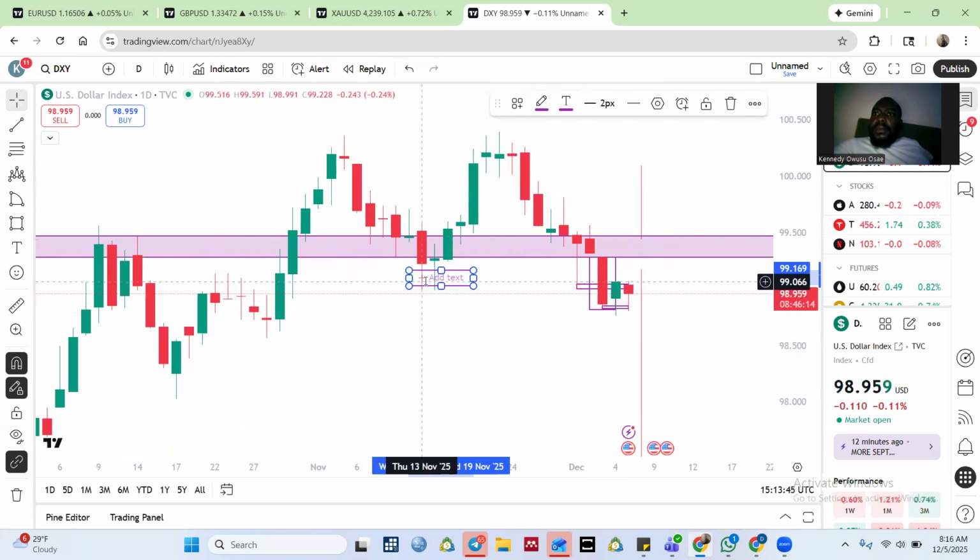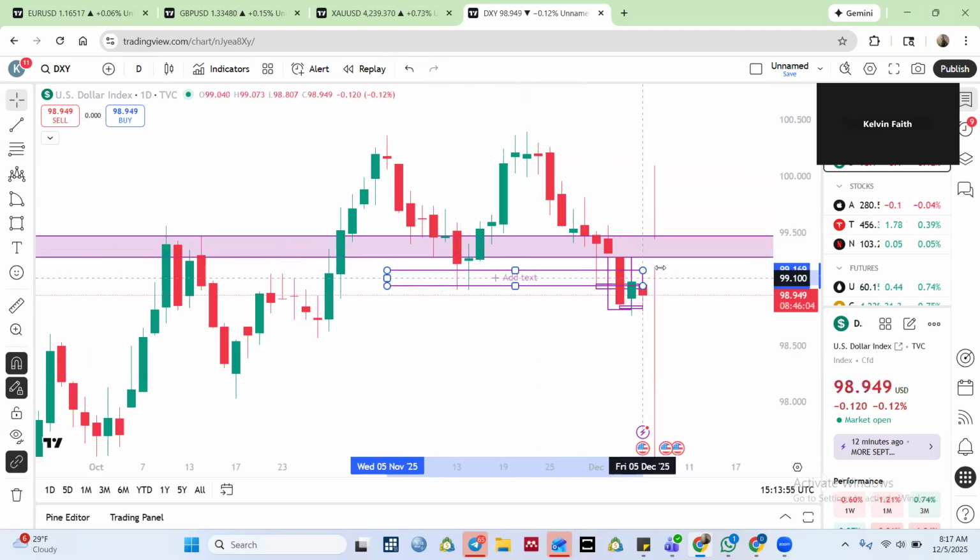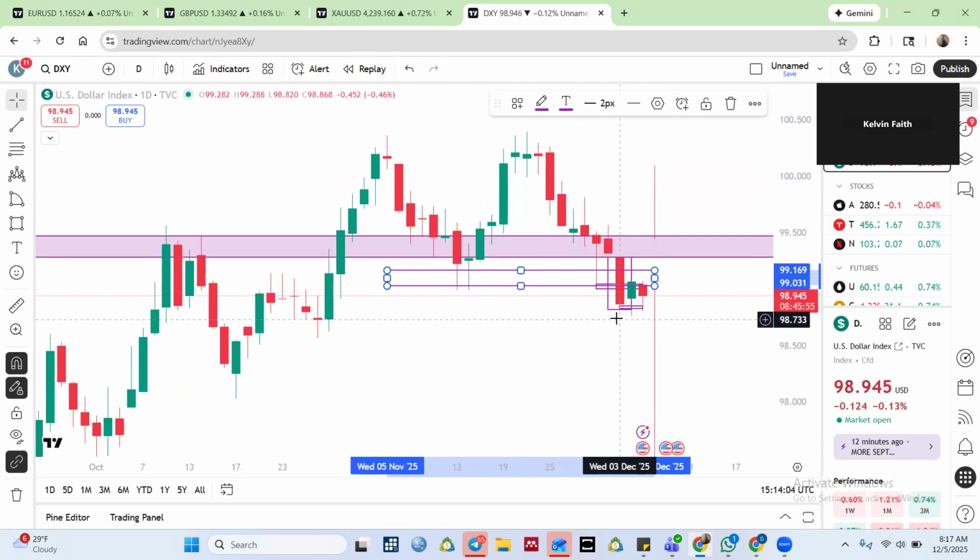Because price hit this point, we see rejection, rejection, rejection, and buyers push the price up. But now price comes to the same place, we see another rejection, then we see sellers push the price down in a large volume with this big bearish candle.